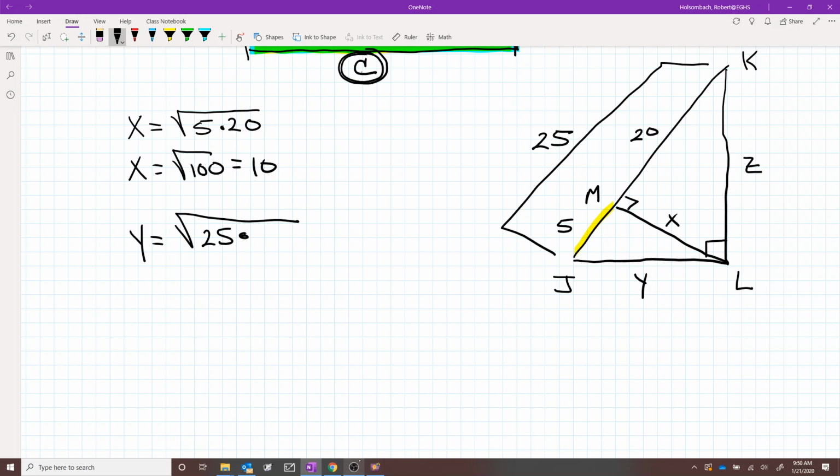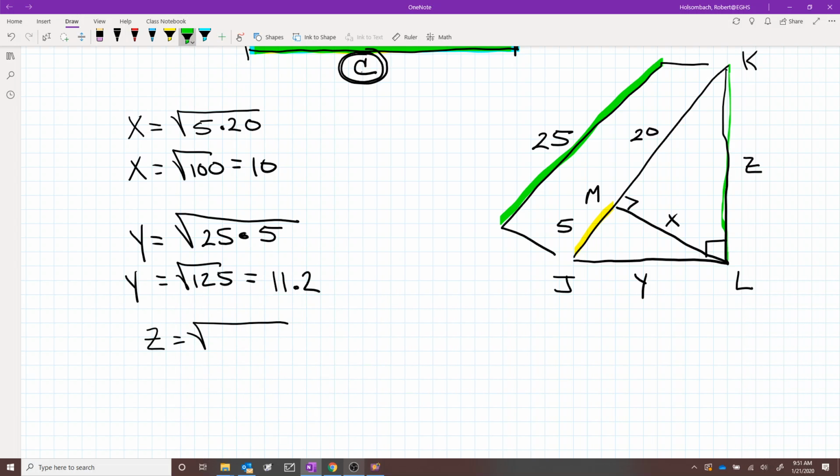So y is equal to the square root of 25 times 5. So y equals the square root of 125. And when you do these today, just round to the nearest tenth. That's 11.2. There's your y. And then your z, side z, is going to be equal to the geometric mean of the hypotenuse and the side adjacent to the leg.